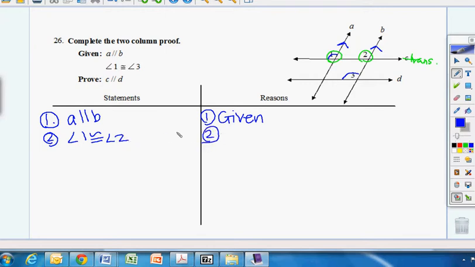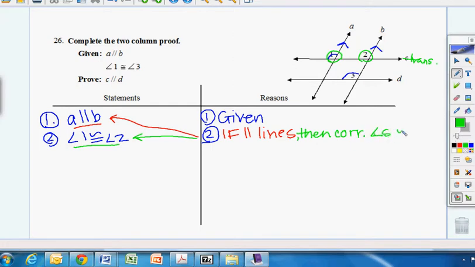And I can say that because we're going to be starting with this information: if parallel lines, and then I'm going to end with this, then corresponding angles are congruent.